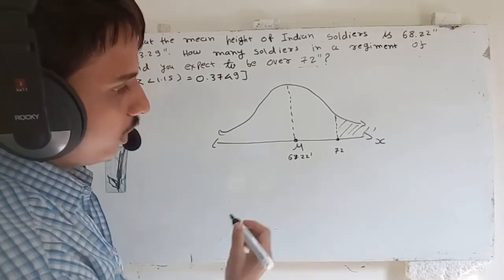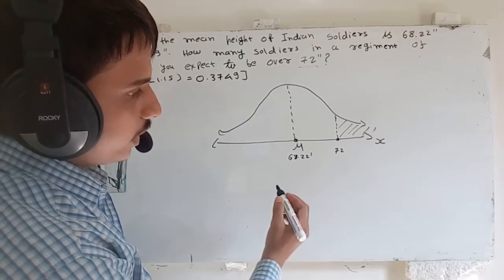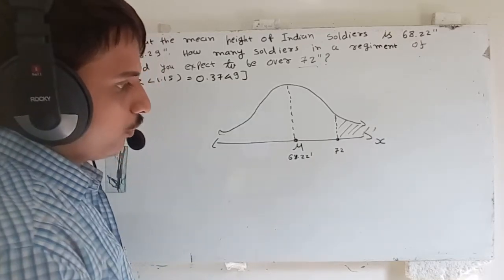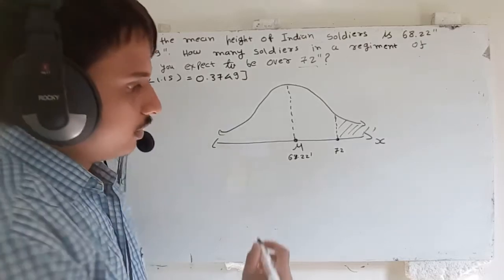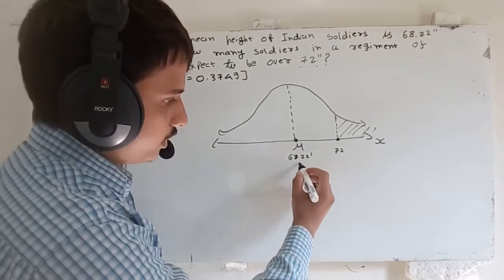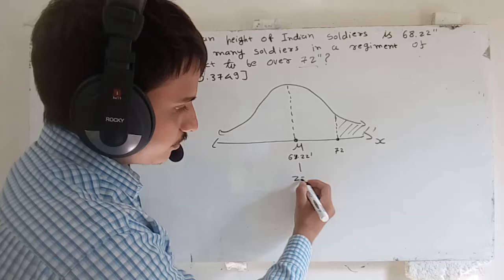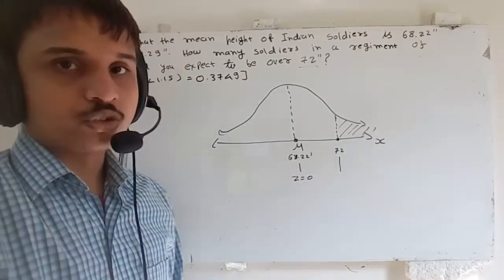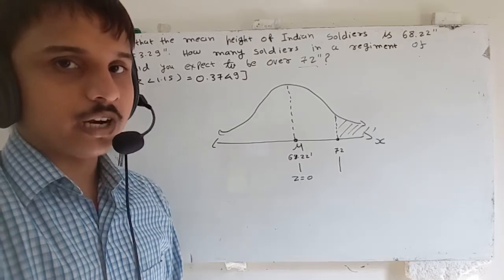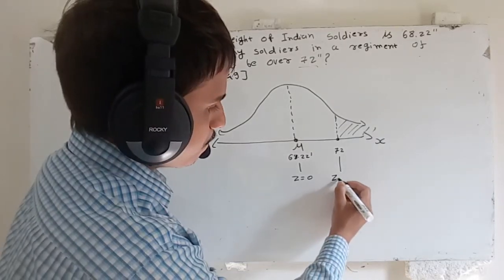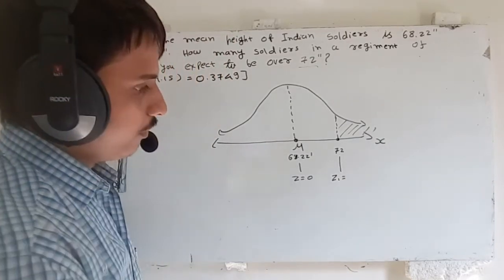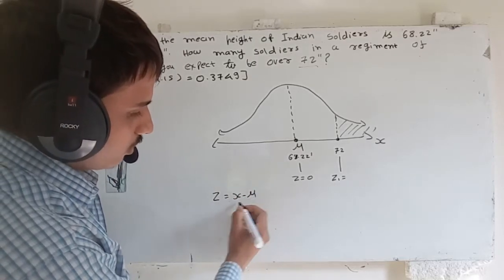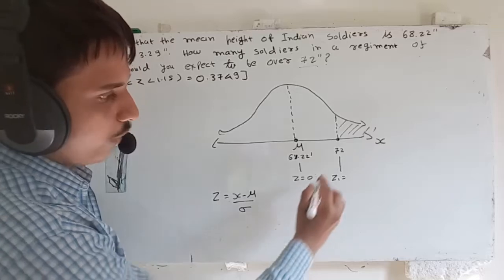Now to calculate this, first we will find associated Z values with these X values. Now we have already studied that Z value associated with mean is equal to 0. And let us consider Z value associated with 72 is Z1. Now we will use this equation Z is equal to X minus mu upon sigma to find this Z1.